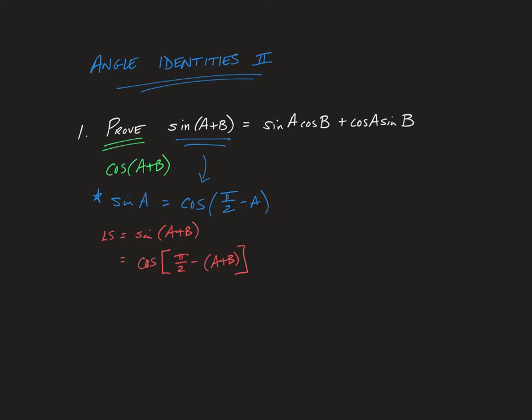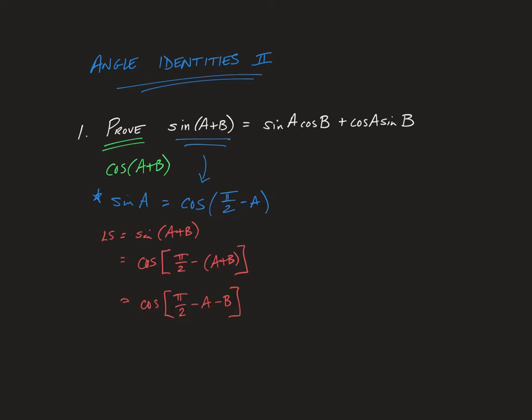Well, now that I have that, I could break that down the way it's written. However, we would notice that we would run in a big circle. So instead, what I can do is simplify the inside. I notice that I am subtracting this whole bracket, so I can expand those brackets.